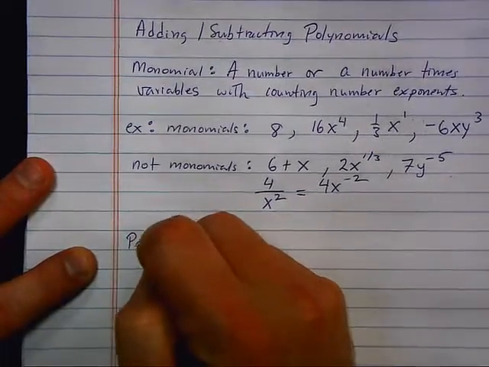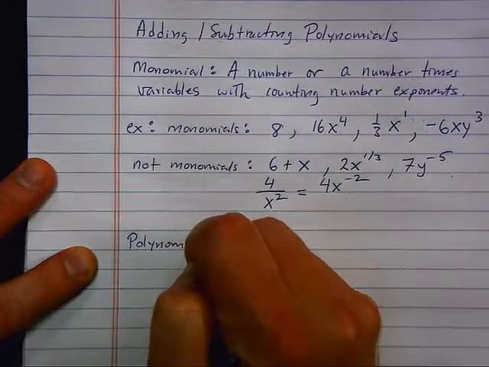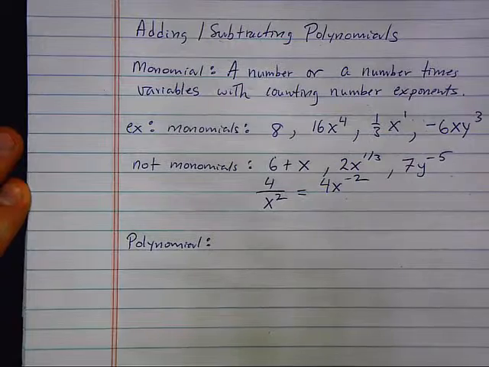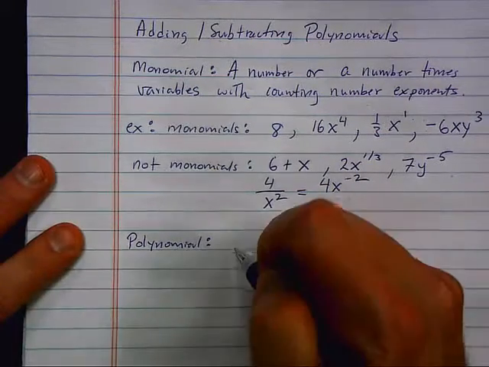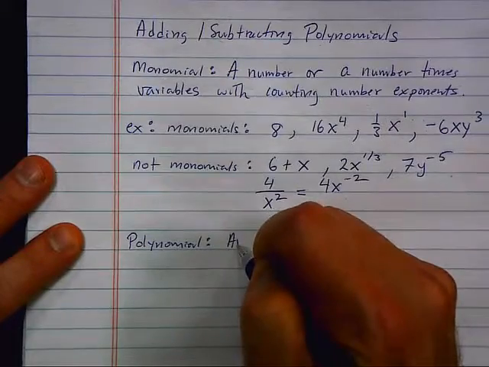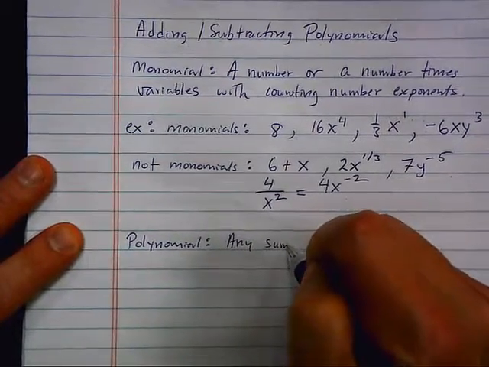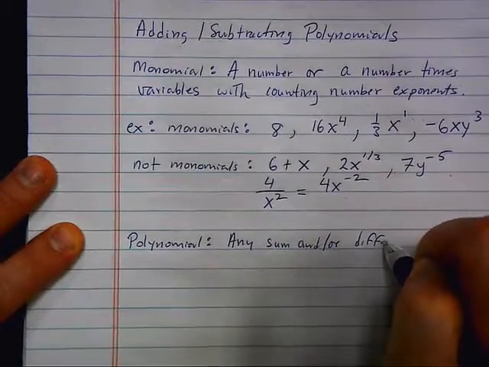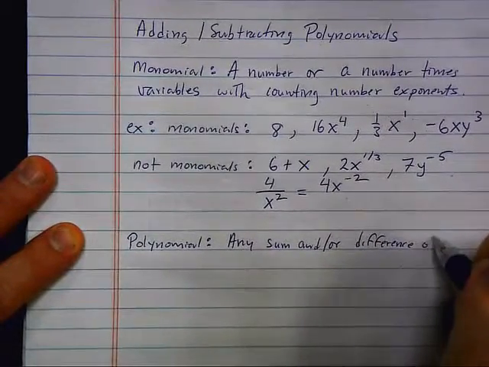So what's a polynomial? It has many terms, and the terms are added and subtracted. So this is any sum and or difference of monomials.